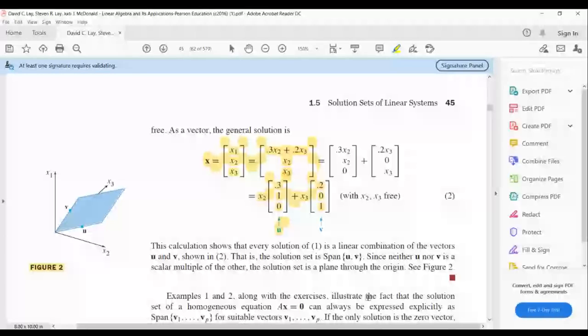Okay, so like I said, the solution vector x, which consists of all the points on the plane, can be written in parametric vector form as a linear combination of the vectors u and v. And geometrically, in figure 2 here, all linear combinations of the vectors u and v will form a plane in three-dimensional space that contains the vectors u and v.